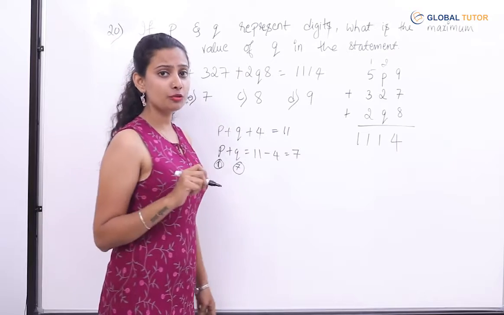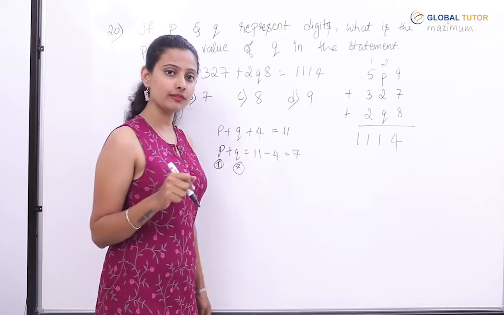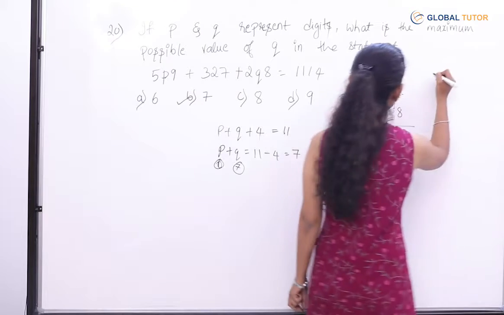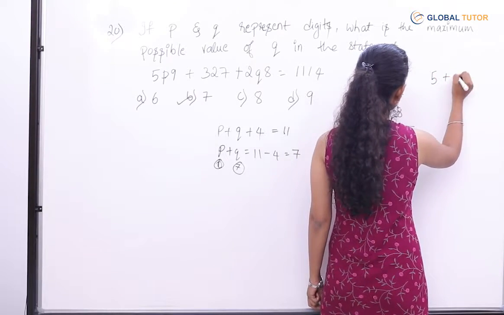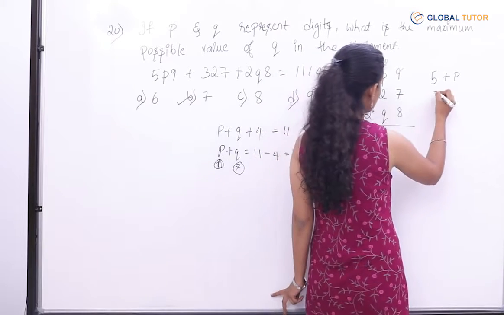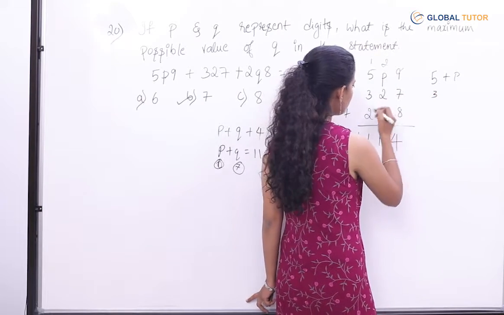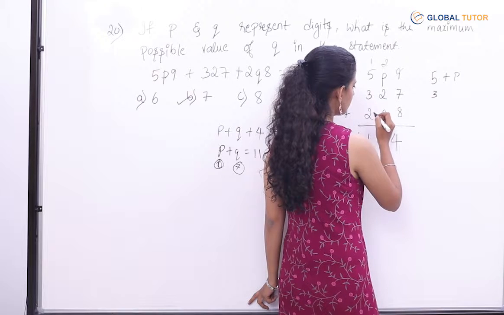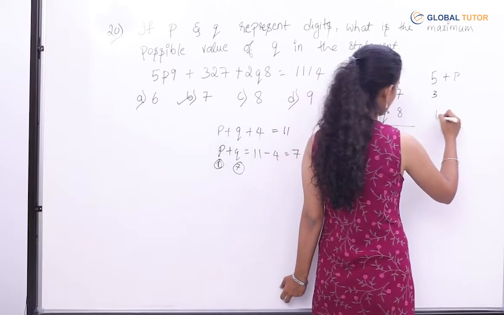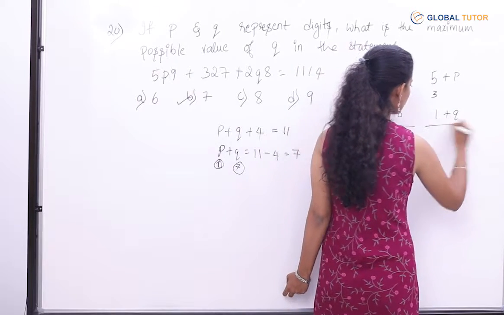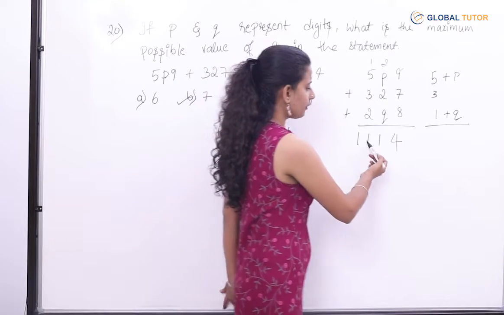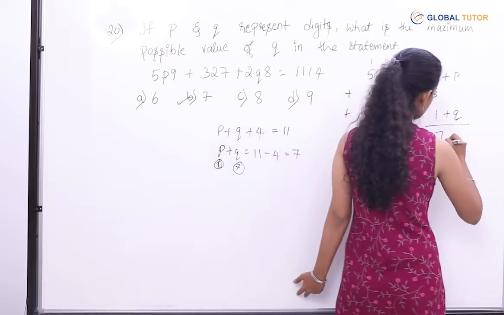Here, can you use the sum of the digit method and solve this? Let's try. So here you have 9, discard, so it will be 5 plus P, and here you have 7 plus 2 is 9, so discard, left with 3. Here you have 8 and 2, so you will be left with 1 plus Q. Then from the answer it is 4 plus 1 is 5, 5 plus 1 is 6, 6 plus 1 is 7.